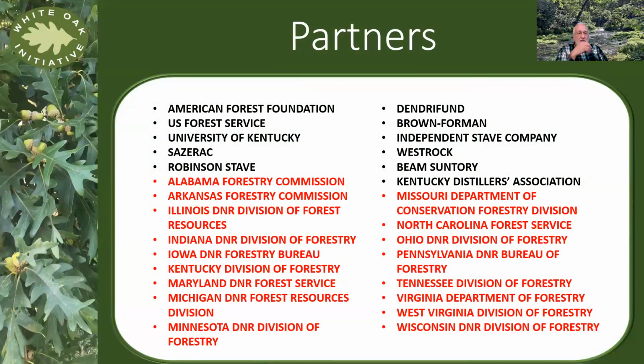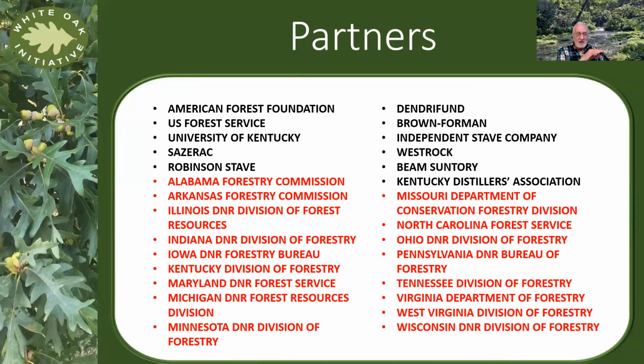What does that look like? The partners, now the ones that are in red, those are all the state agencies, and you'll see the Missouri Department of Conservation is in there. But more importantly, you see the ones that are in black. Those are folks like Brown-Forman, Independent Stave, Beam, as in Jim Beam, the Kentucky Distillers Association, Robinson Stave, Sazerac. So those are folks that really helped put the financial backing into this project.